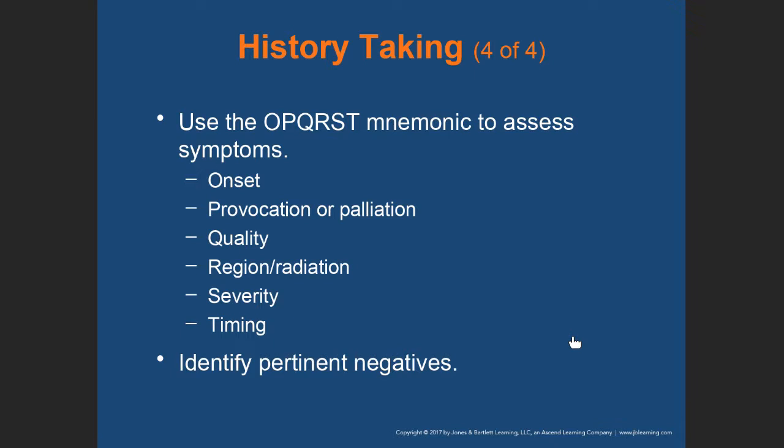And for your severity, if they tell you that right now it's a 9 or a 10, you need to find out, was it this bad from the onset, or has it gradually gotten worse?